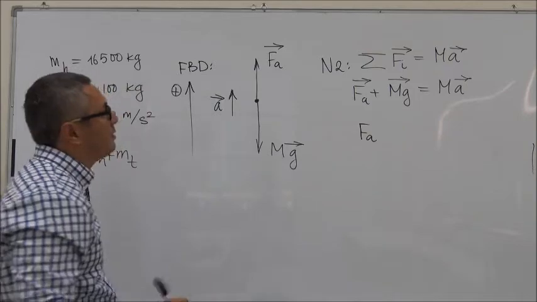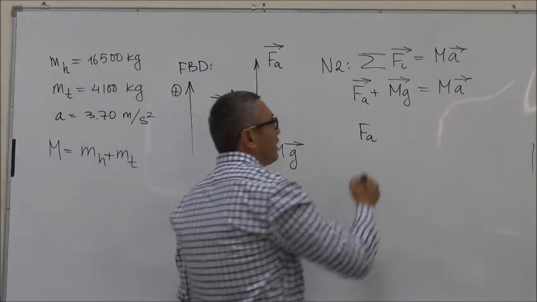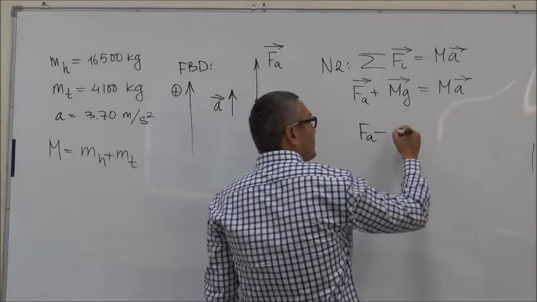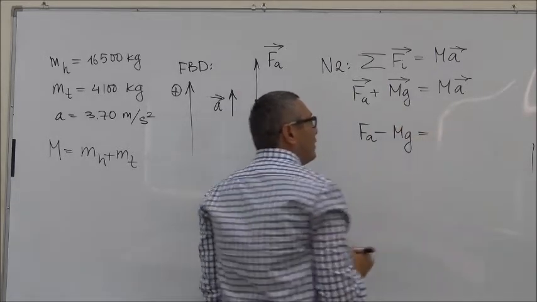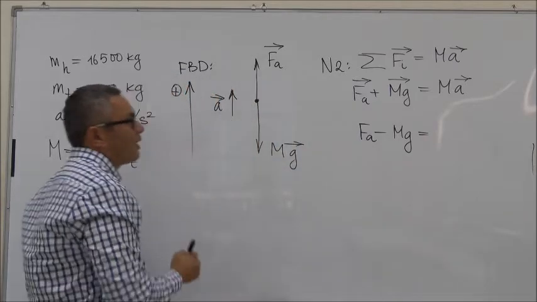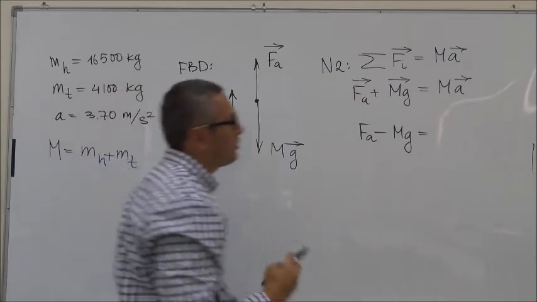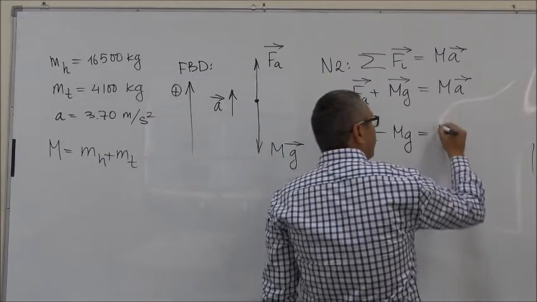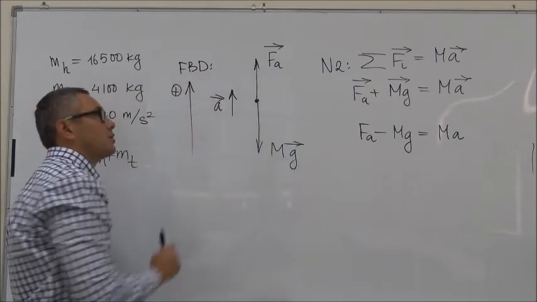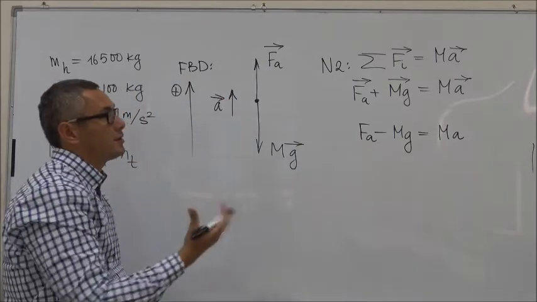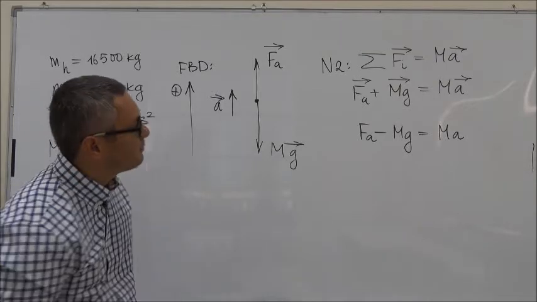Now the weight is pointing downwards, so when I get rid of the vector, I should write the minus sign here, minus mg equals mass times acceleration, and acceleration is pointing upwards as well, so it is positive. So basically what we're doing by introducing this direction is we're looking at the projections of these forces on that axis that we've introduced.